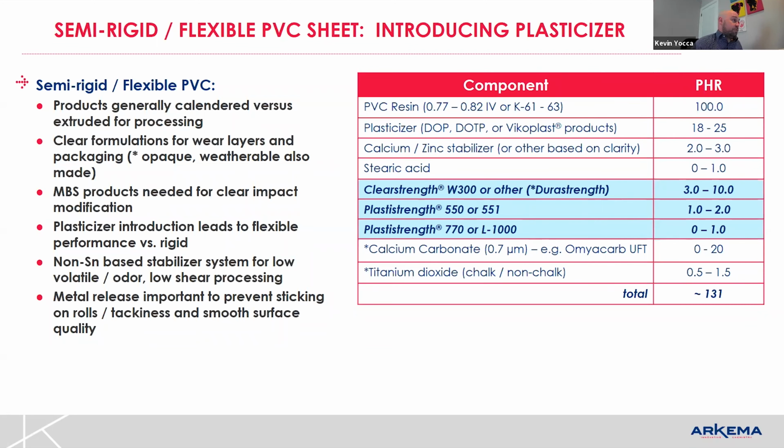The other thing we might do is we start moving to different levels of transparency. Here's where MBS and acrylic mix becomes important in how you modify, and where you see, really for me at least, the package for stabilizers and lubricants change, because now you have to worry about the transparency as well. So those are the main changes for me, but this is the slide I had for that.